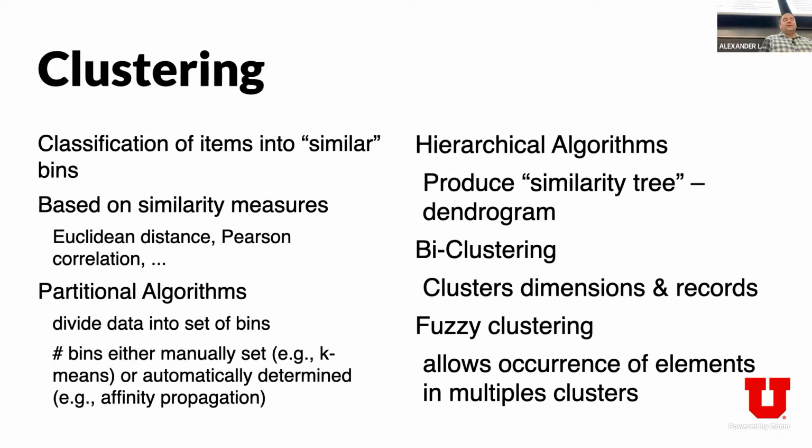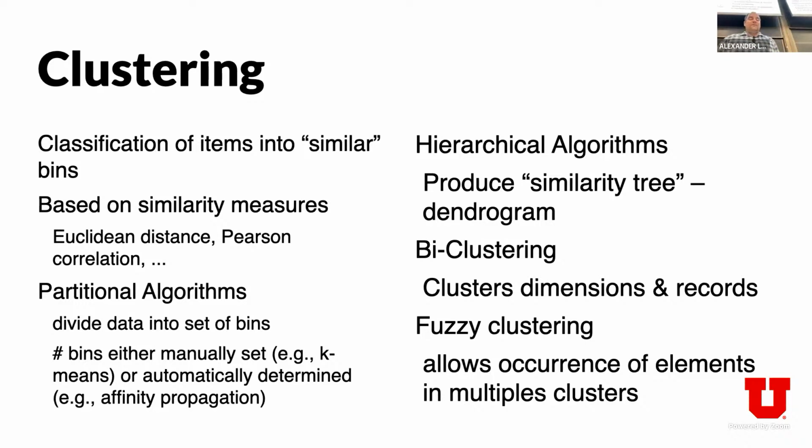Partitional algorithms divide data into a set of bins, right? K-means is the classical example. I have a set number of clusters, and I want to divide my data points into 3 clusters. Then for aggregation purposes, I can represent my cluster as one single data point instead of all of the points that make it up, right?